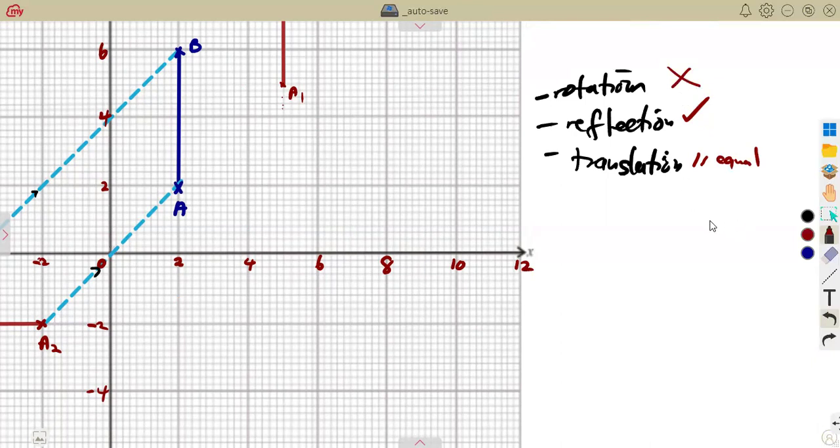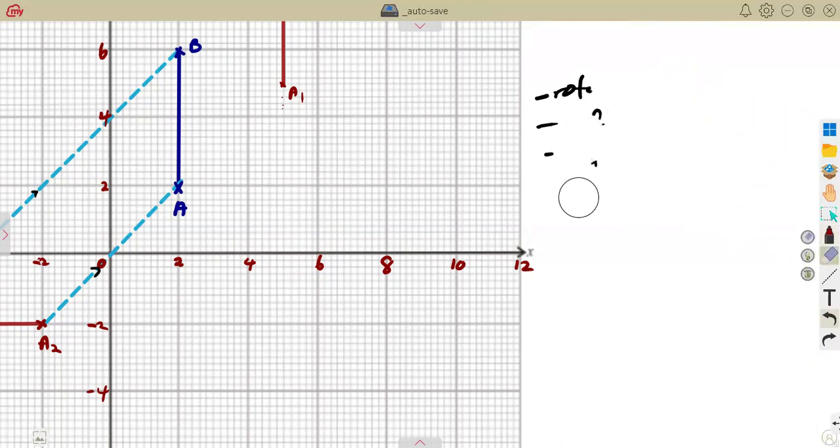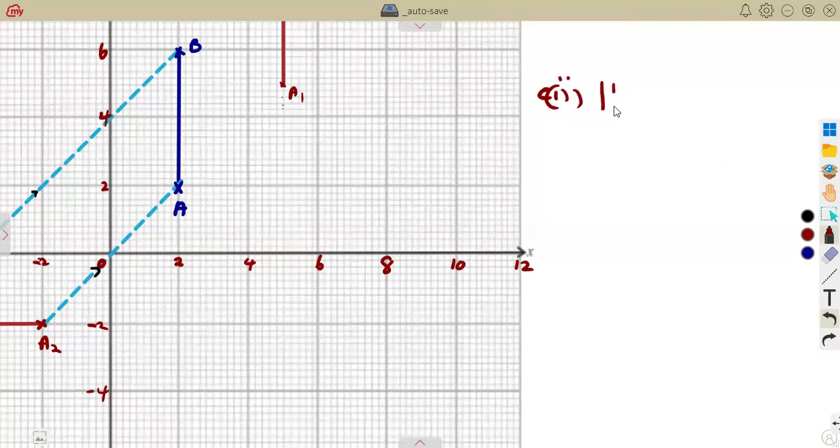They will intersect. It is a reflection where lines are parallel and of unequal length under these isometries. So that is the one that we are going to consider in our description. So meaning to say, our description is: it is a reflection.